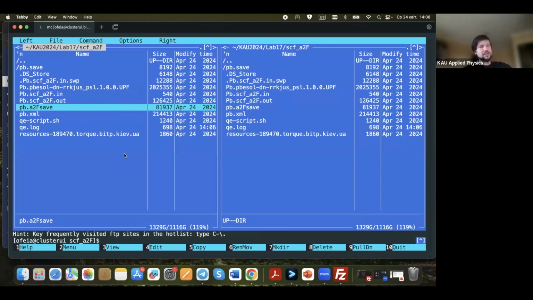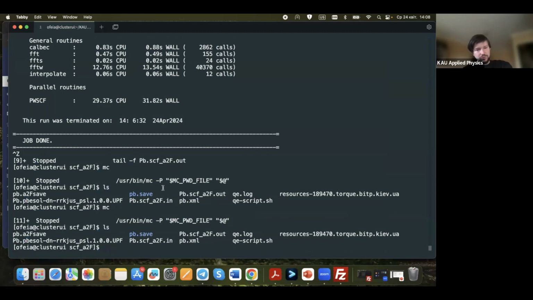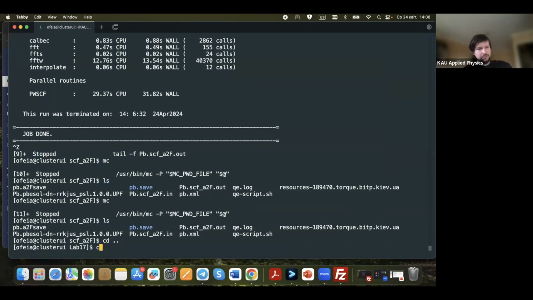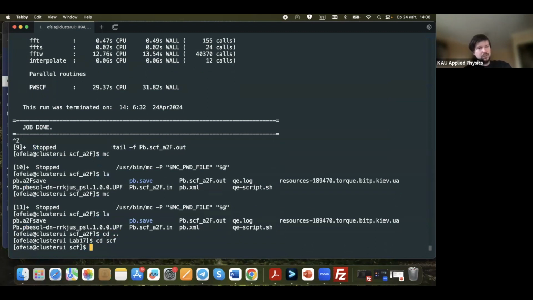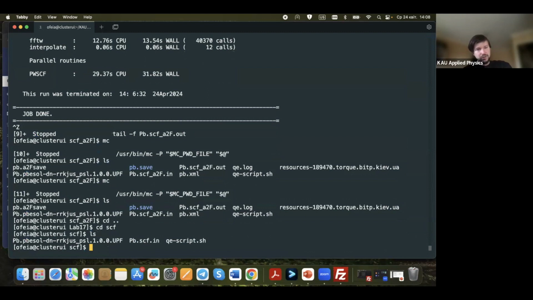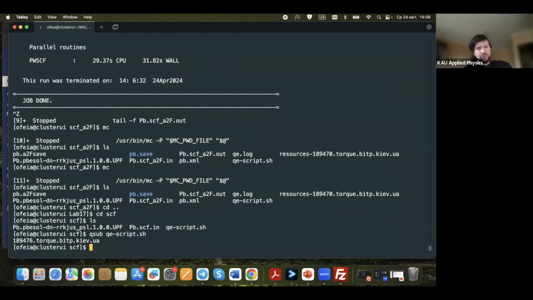It will be read by the electron-phonon part of the calculation. So I'm going to SCF. I also launch this calculation. Don't forget to insert the new lattice parameter from relaxation.